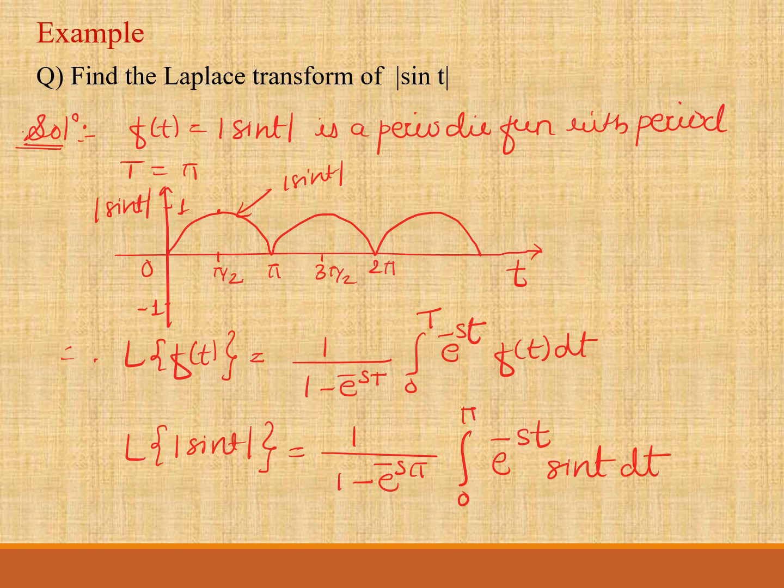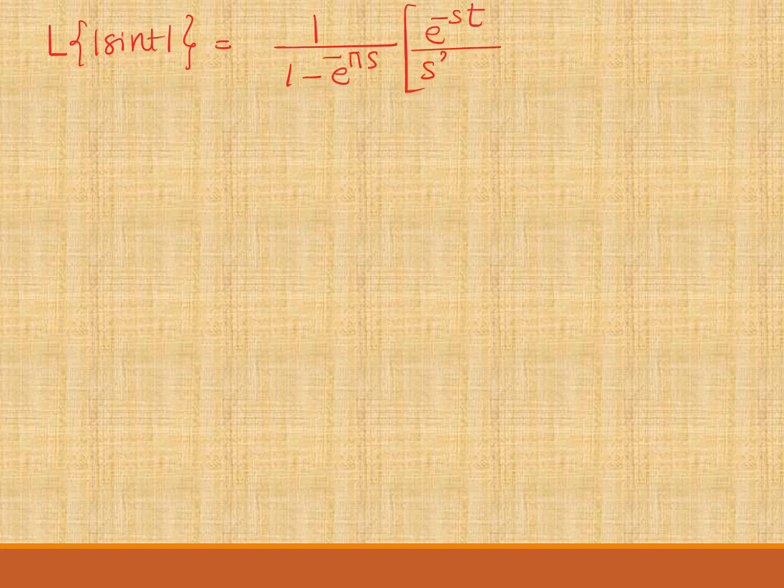Now Laplace of mod of sin t is equal to 1 upon 1 minus e raised to power minus pi s, in bracket e raised to power minus st upon s square plus 1, in bracket minus s sin t minus cos t, and the limits are 0 to pi.